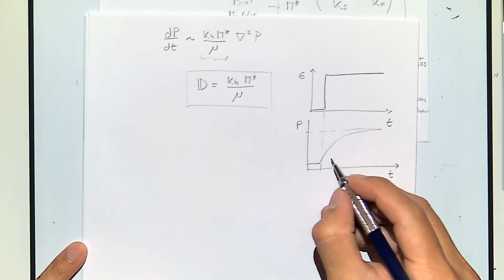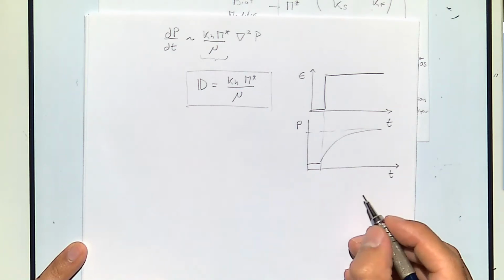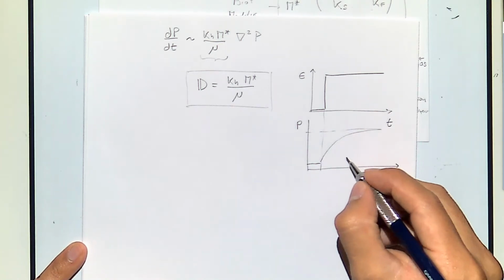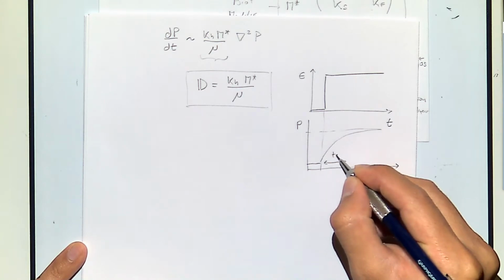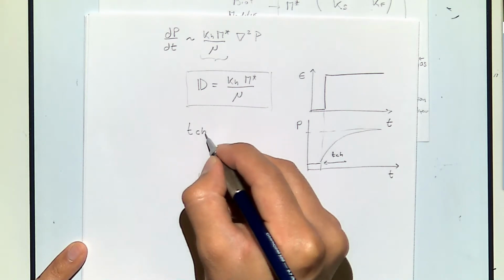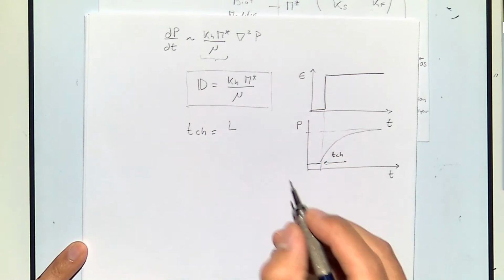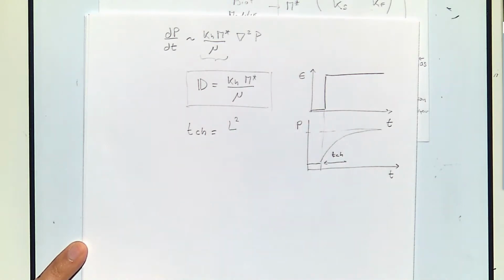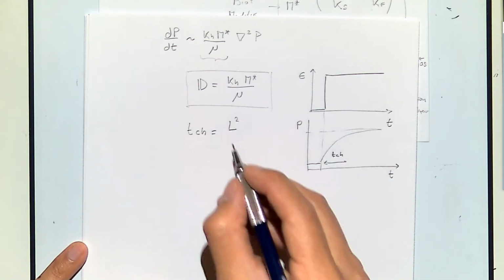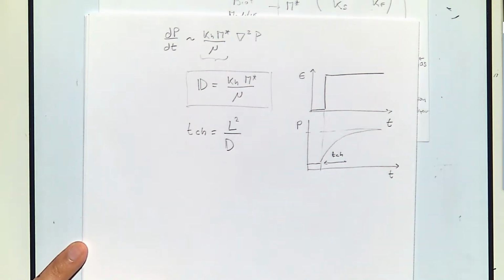How long it takes to go into this asymptotic trend, you can solve in simplified form by what is called the characteristic time, TCH, in which TCH is proportional to the drainage length, which I'm going to explain in a bit, but it's just L, the drainage length, squared, divided by the diffusivity constant.